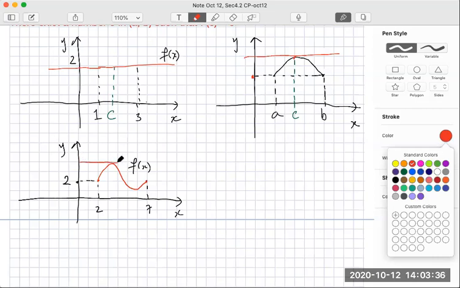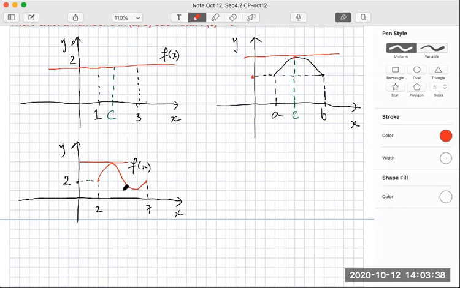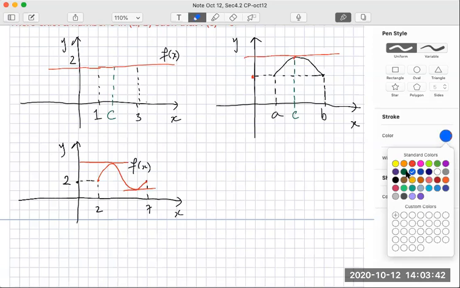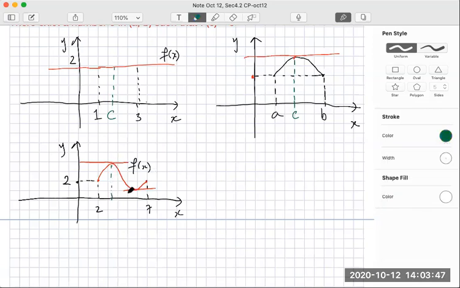In this case, how many points satisfy that slope? Yeah, there are 2 points. The first one is somewhere right here, let us say 3.5, right? Here is, let us call 6 right here, okay? So we see that these 2 points have 0 slope, okay? Very good.